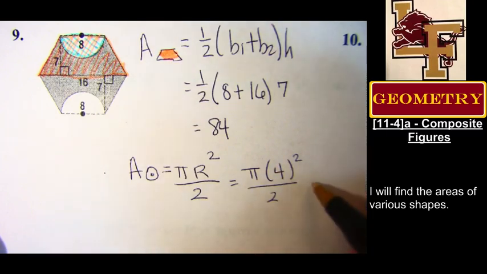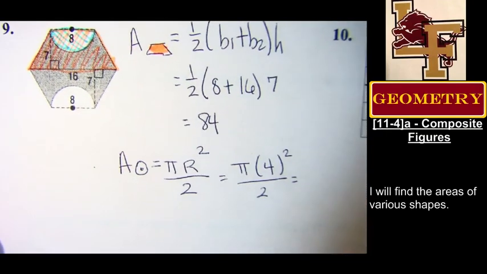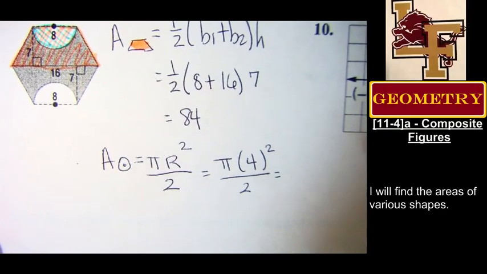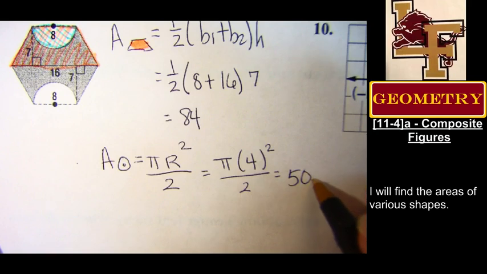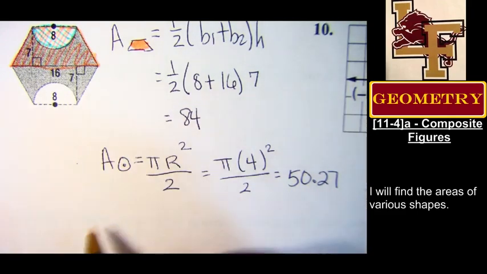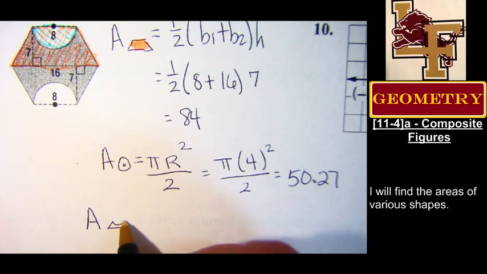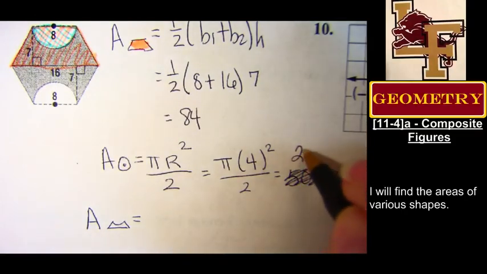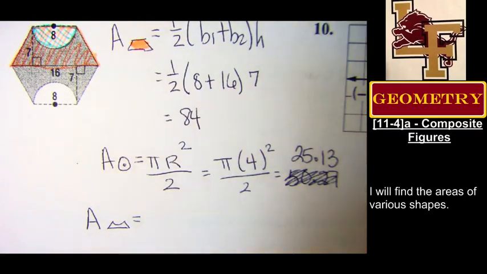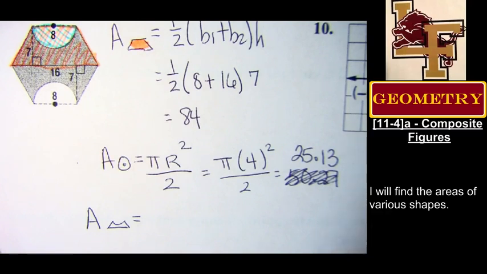Very nice. All right, using your calculators, what number should I put? 50.27. Oh, wait, divided by 2, right? Yeah, oh yeah, divided by 2. Sorry. It's okay. 25.13. Sorry, had to divide by 2.